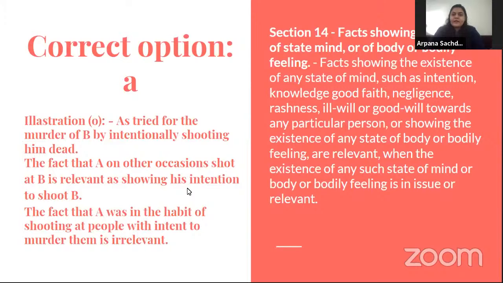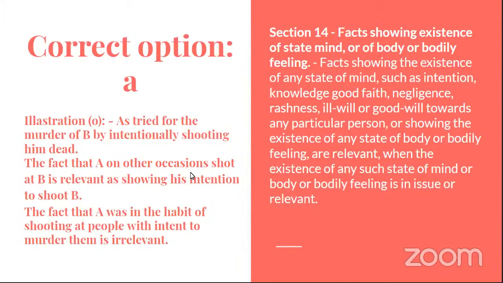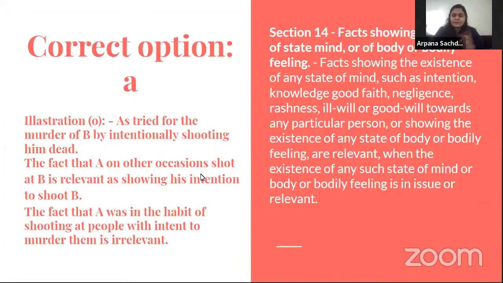The fact that A on other occasions shot at B is relevant as showing the intention to shoot B. The fact that A was in the habit of shooting at persons with intention to murder them is irrelevant. So we can say that there was an intention of A to shoot B.